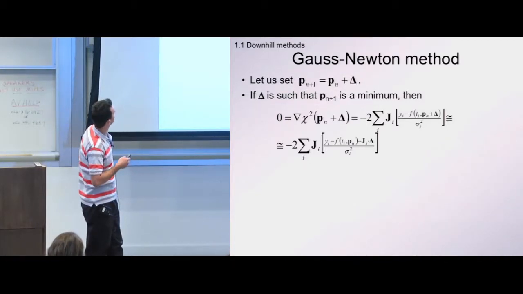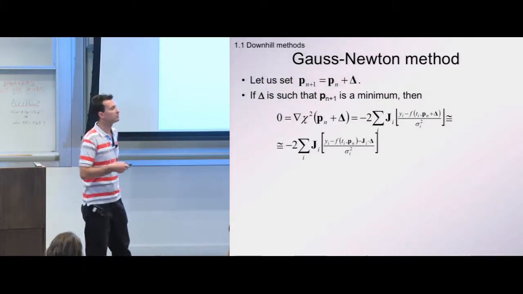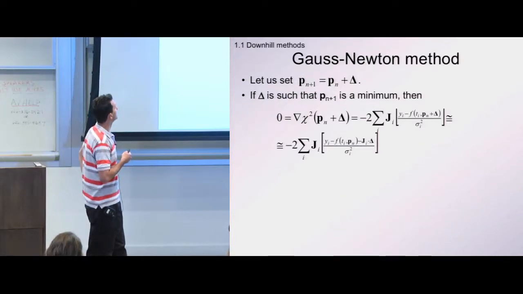In this case, if you start from a point and you want to find the offset so that you end up in a minimum, you just impose that the new point is the minimum. If it is a minimum, the gradient should vanish. So you impose that the gradient must vanish at the new point, and then you Taylor expand a bit in terms of delta.